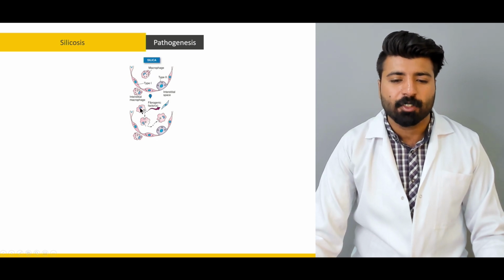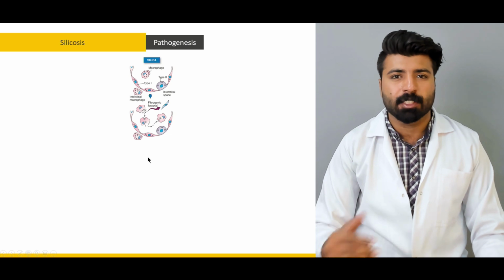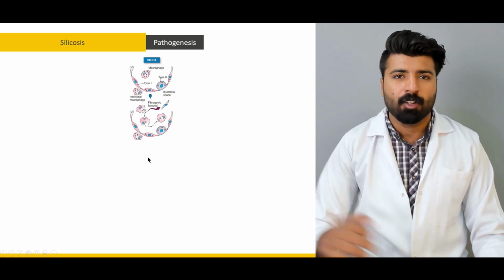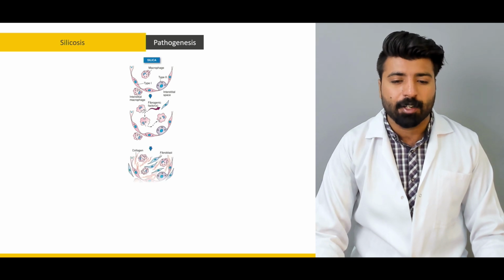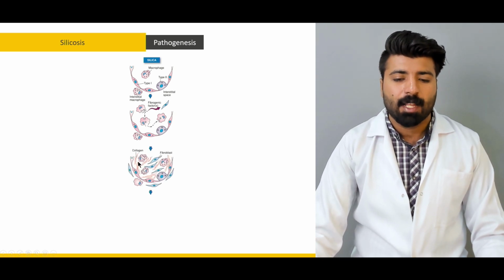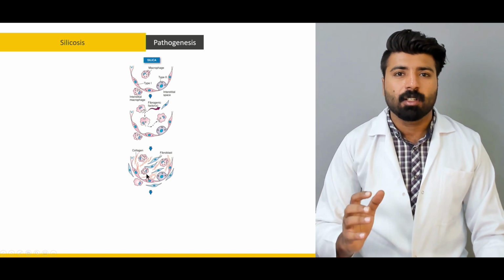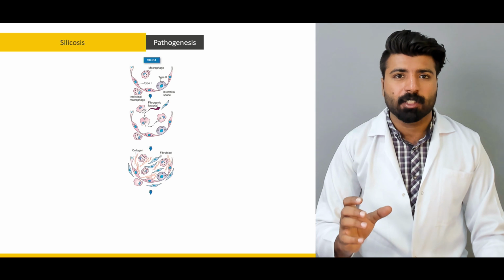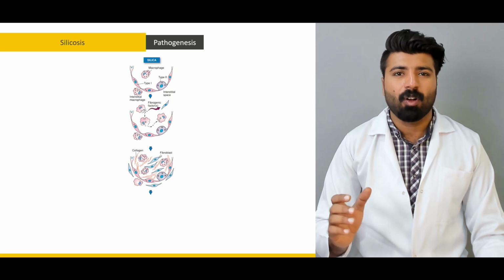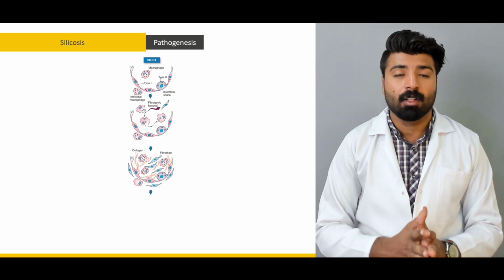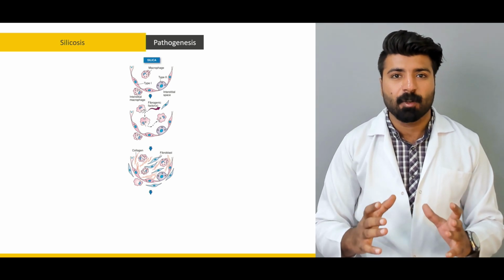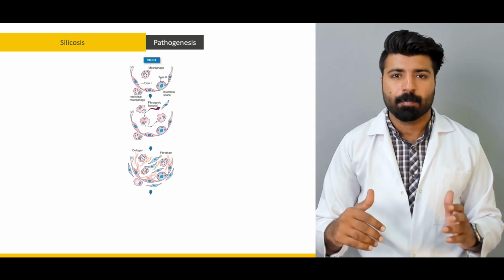When it engulfs it, it goes back to the lymphatic system and tells it there's a foreign substance, and then all of the other mediators come in, and fibrogenic factors are activated. These silica crystals will start accumulating at the base, and all the collagen, fibrogenic factors and other structures present there are going to accumulate around it.